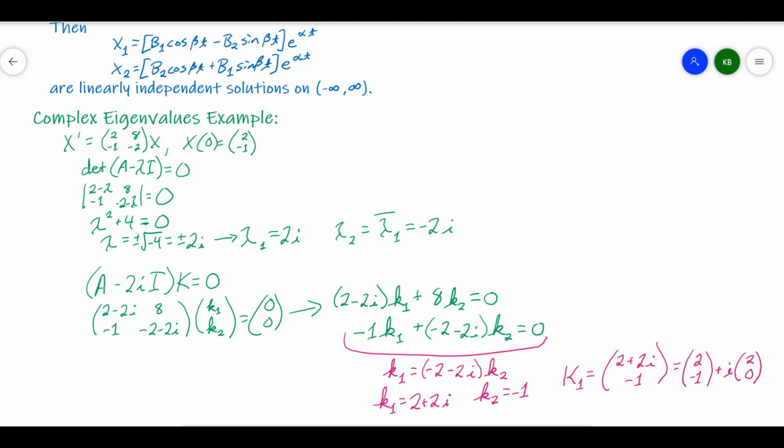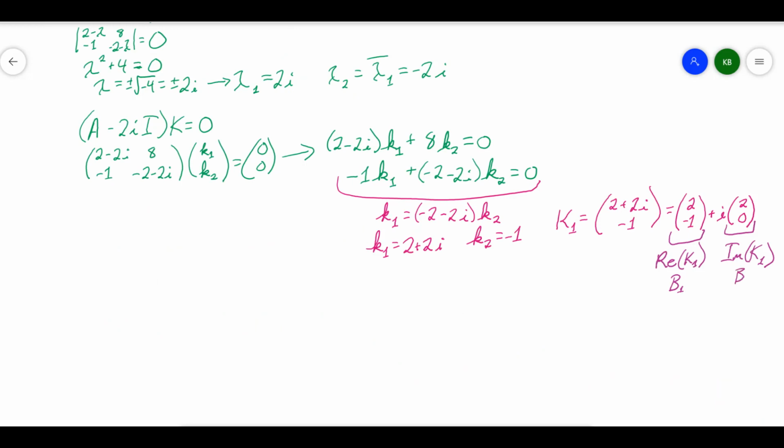So this right here is the real part of k1, and this part right here is the imaginary part of k1. So that's given me b1 and b2 to work with.